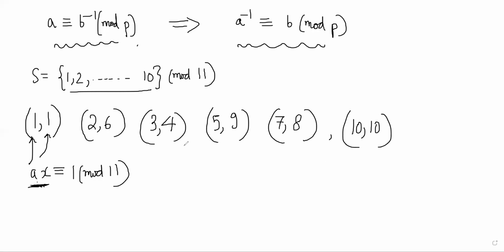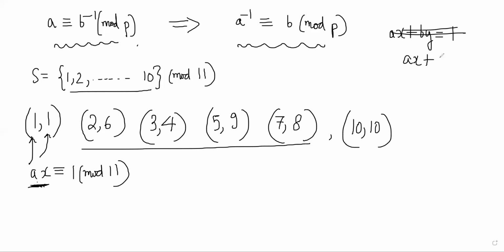But can we show that there is only one inverse of each number, that the inverse is unique? I think we can show it, because we had ax plus py is equal to 1, so you'll have ax mod p is 1.